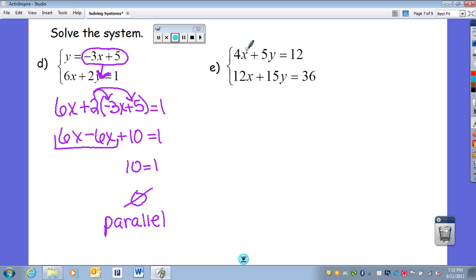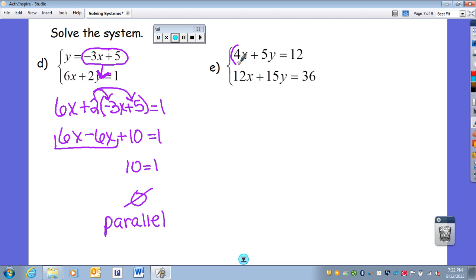In the next example, you'll notice that the variables are lined up in the correct order. I will use elimination for this solving. To do that, I want one of the variables to be the opposite. So I already have a 12x in my second equation. How can I make this x be opposite?